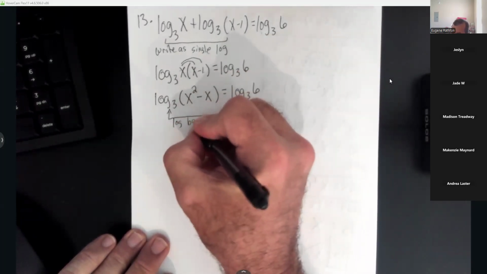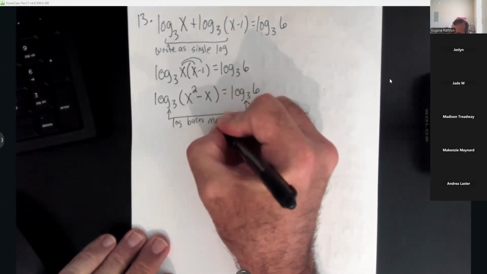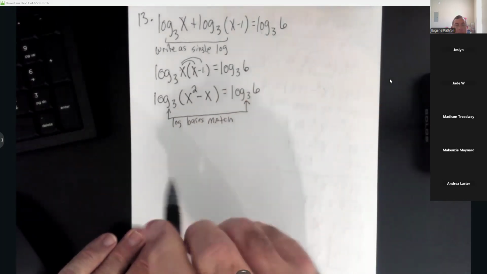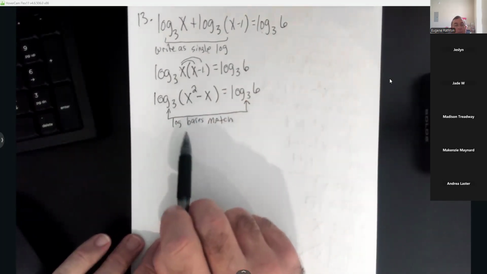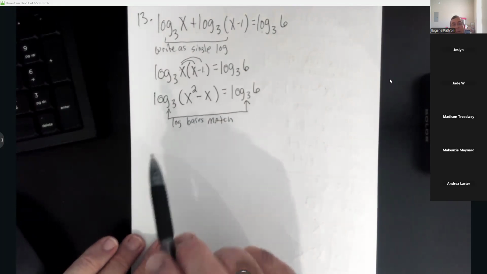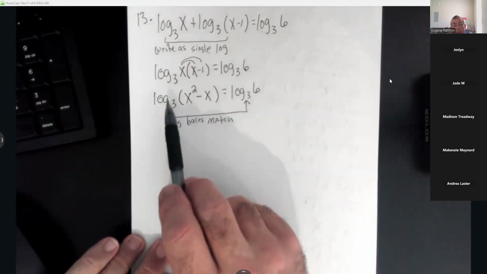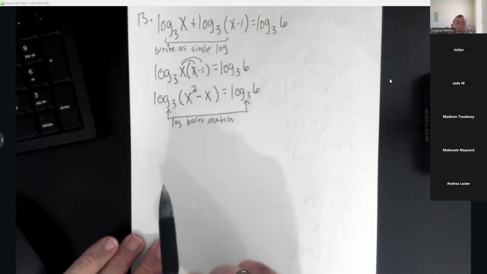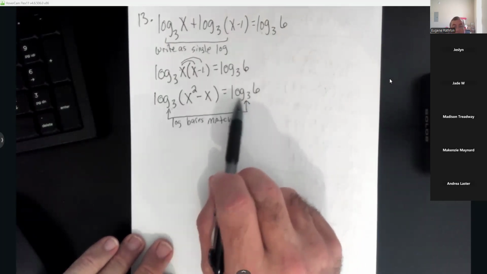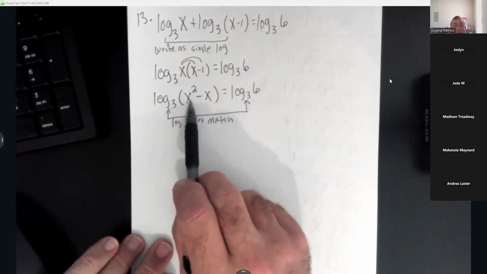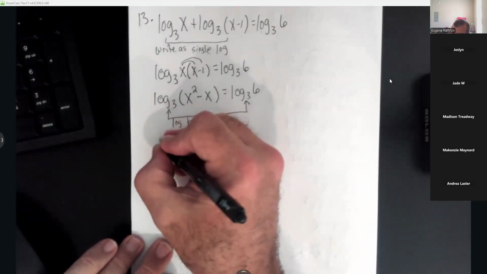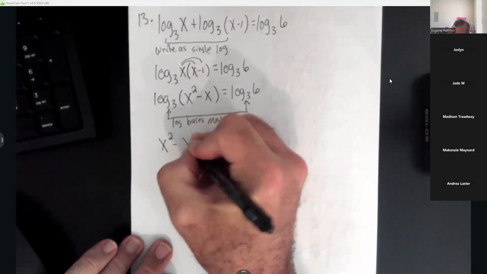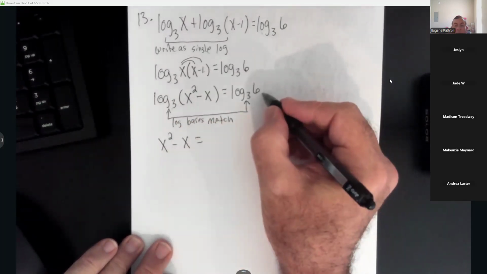So your log bases match. So we're going to rewrite it using the logarithmic equality, which says if I got a log base on either side of the equals that is the same, then that means the x squared minus x has to equal the 6.